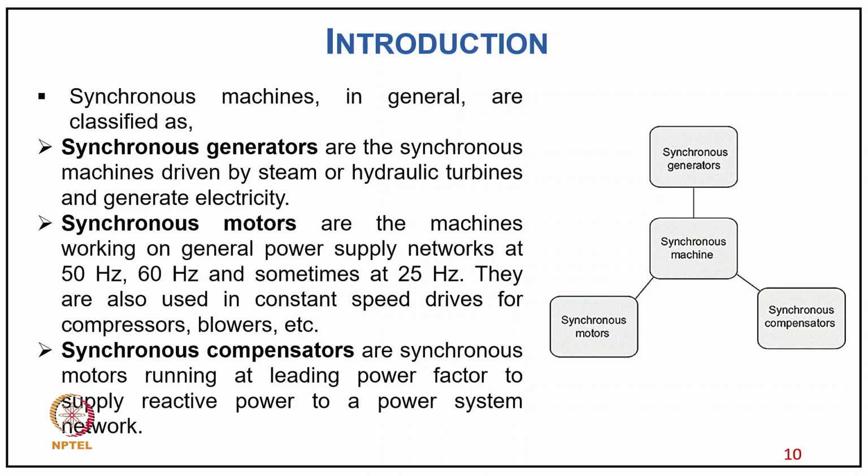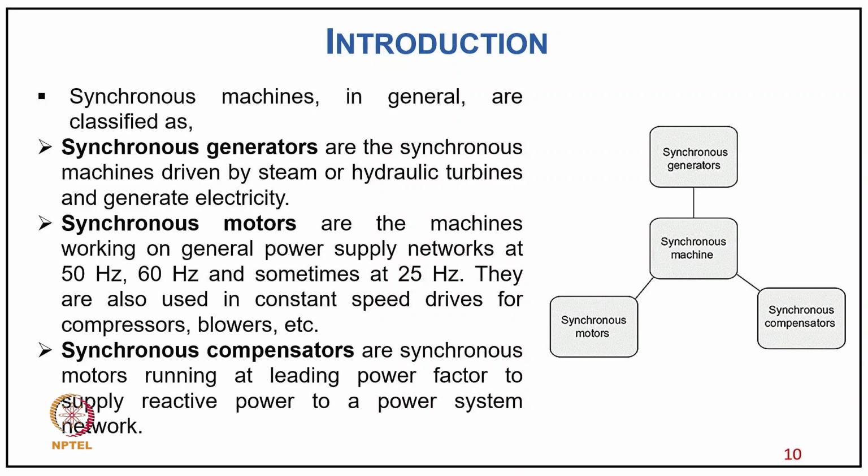Most of the generation until a couple of decades ago was done by synchronous generators only, because it has many properties as a generator. It can generate active and reactive power, the voltage can be regulated well, and frequency is also well regulated by the governor system, and voltage by the AVR, automatic voltage regulator.